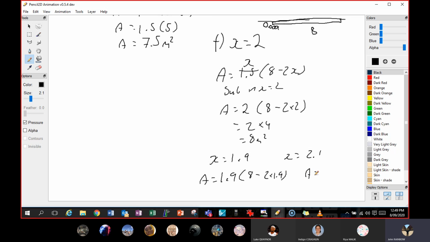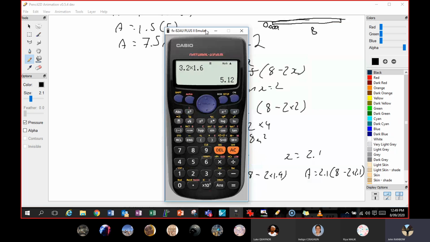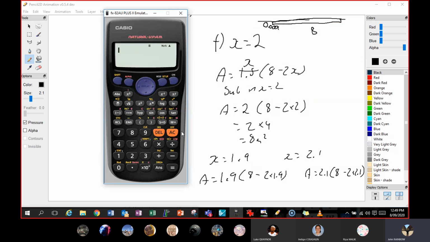And we'll do another area over here, equals 2.1 times (8 minus 2 times 2.1). We'll just get out a calculator for this one, because it's decimals, and that's fine, because we're doing an application. In Methods, when you do application and Specialist Maths, you're allowed to use a calculator in the exam as well, and in your SACs.